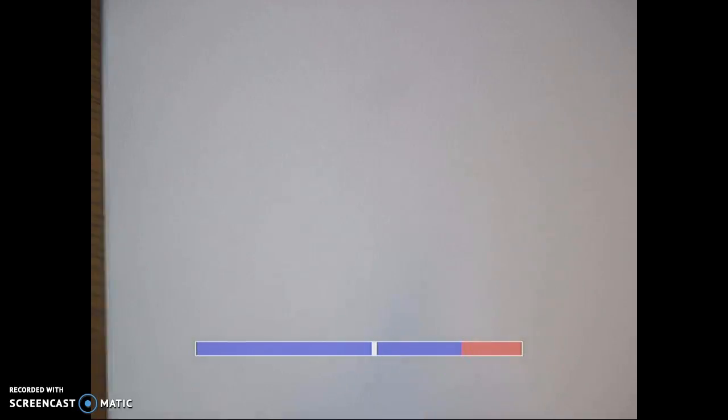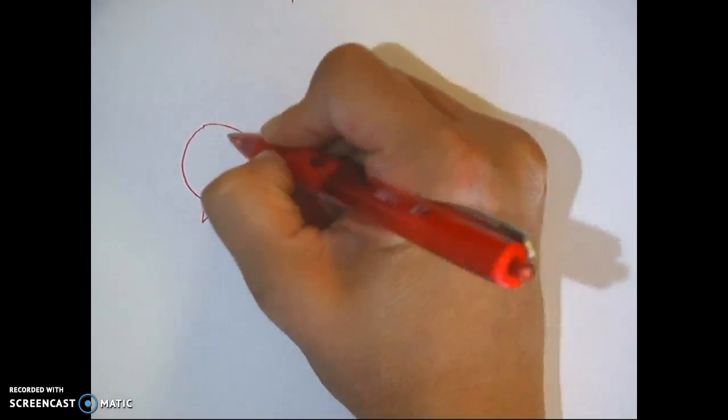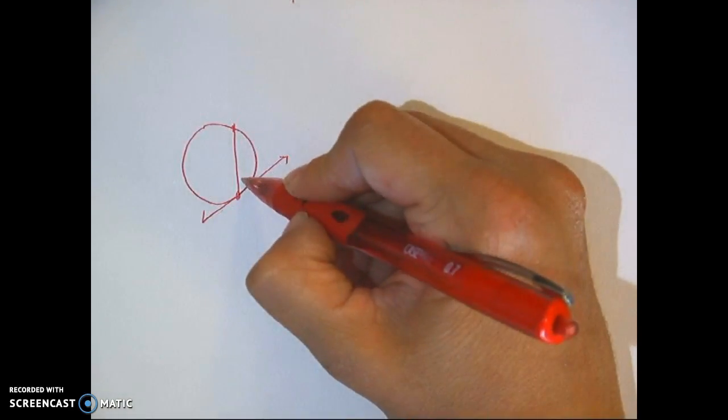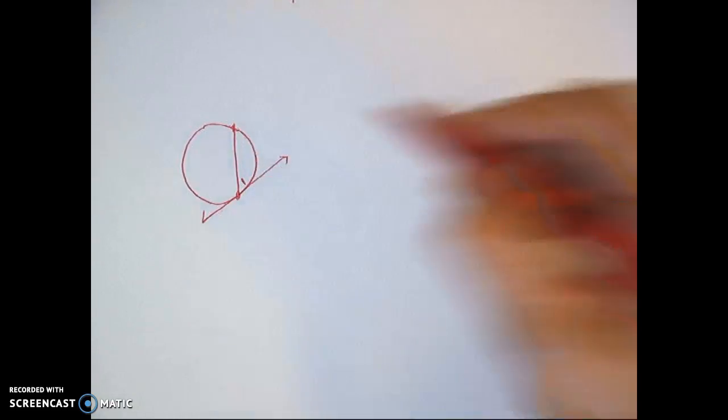So we've had several different types of problems with this section. The first thing that we did was we looked at the different angle relationships. So you have an angle relationship that happens when you have a chord and a tangent that intersect. Remember that the angle is half of its intercepted arc.